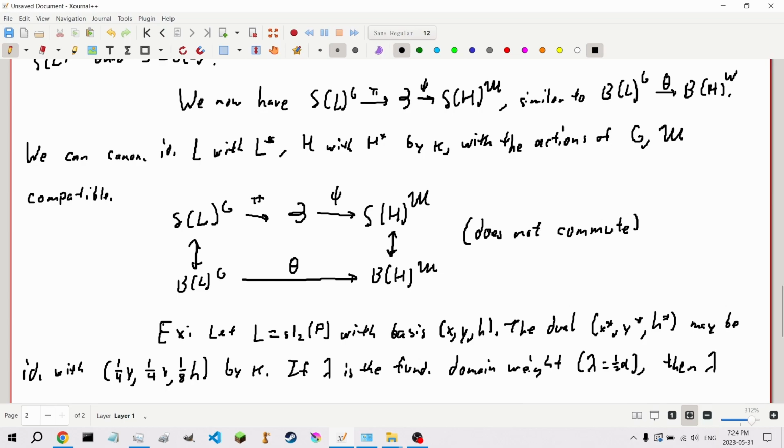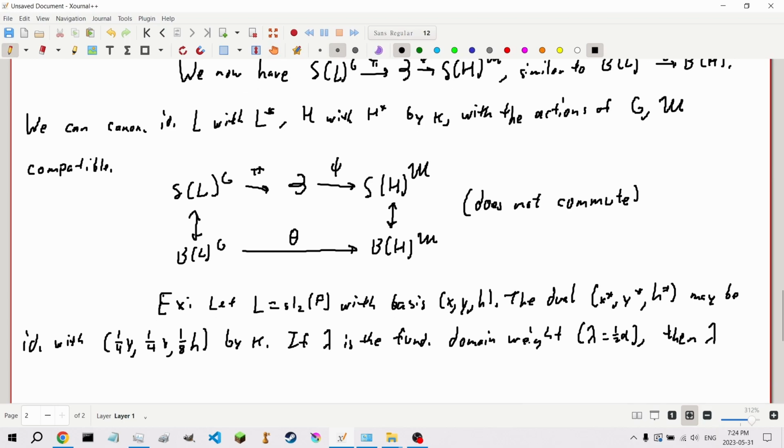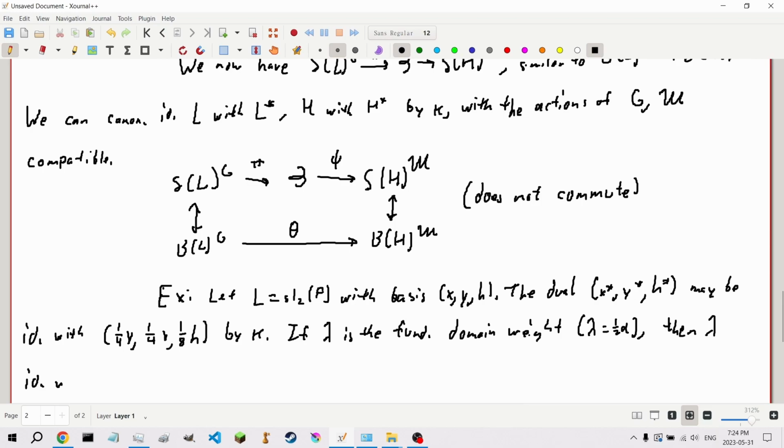Then here lambda identifies with H star, and of course then lambda squared generates B of H to the Weyl group.